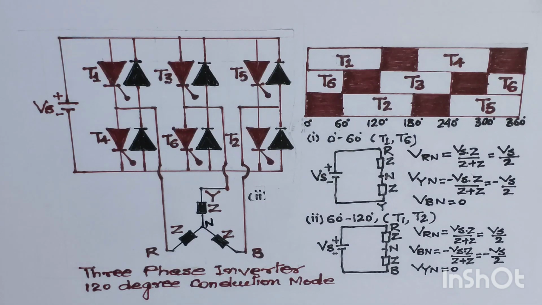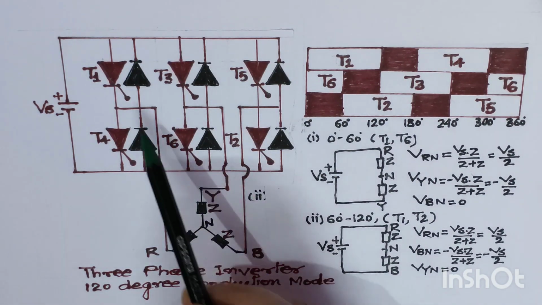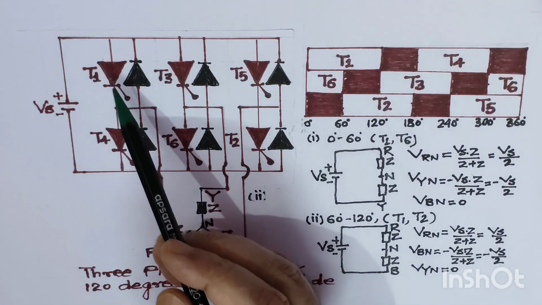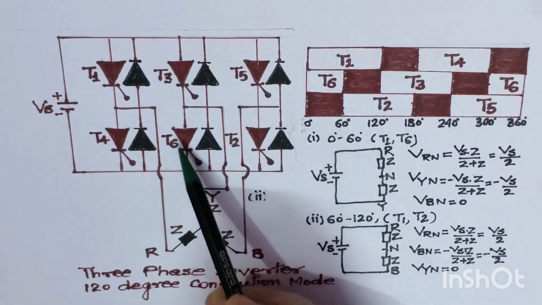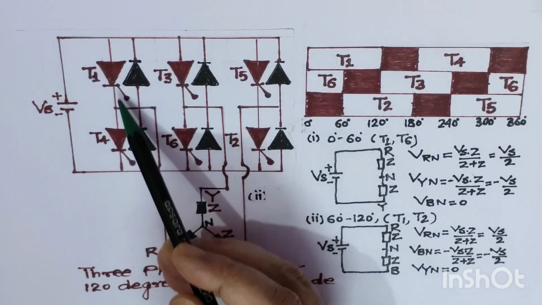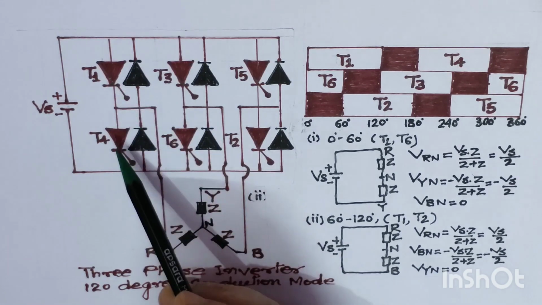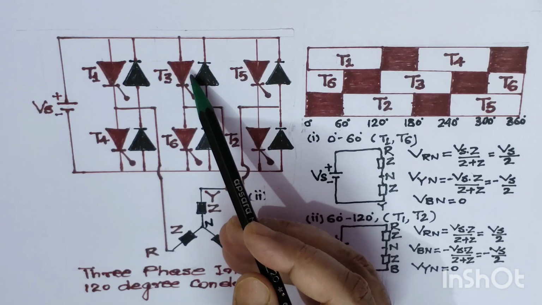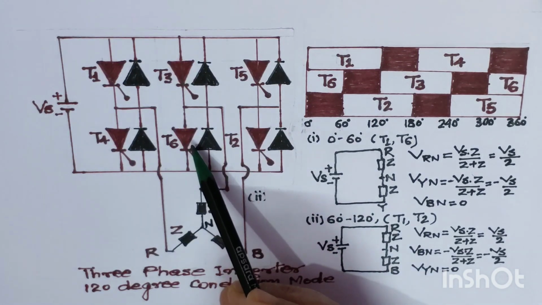Let us look at the configuration of this three-phase inverter. We have here three legs of thyristors. This is one leg, this is the second leg, and this is the third leg. In the first leg, we have two thyristors, T1 and T4. In the second leg, we have thyristors T3 and T6.